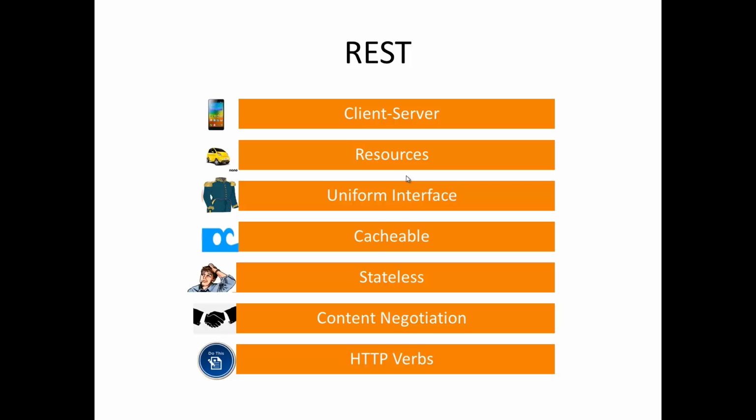One thing that is really quite unique about REST is content negotiation. So the client instructs the server which format of response it would like to have. So we're talking about things like XML or JSON.